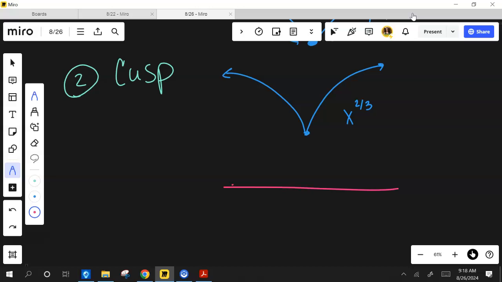Let me show you. Where is my calculator? It's gonna do something like that.